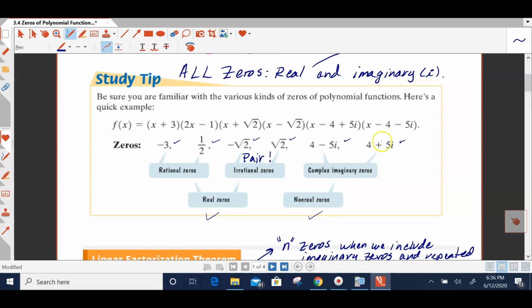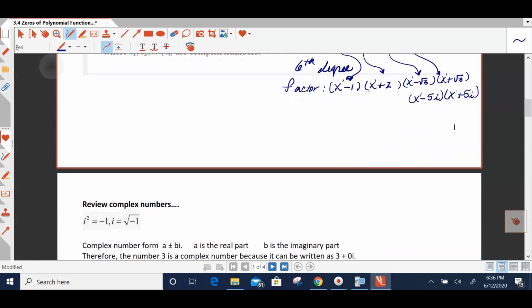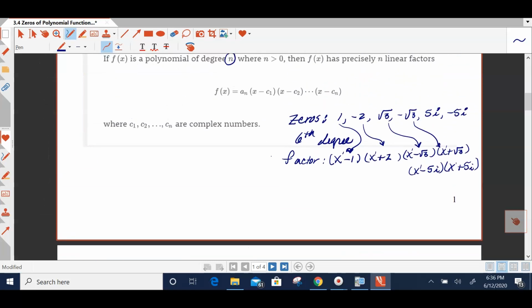When you have these complex imaginary zeros, these will always occur in a pair. They always have to have a matching conjugate. So what does the word conjugate mean? Let's talk about conjugates.